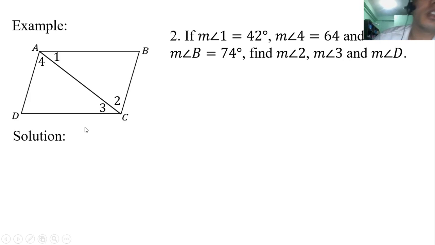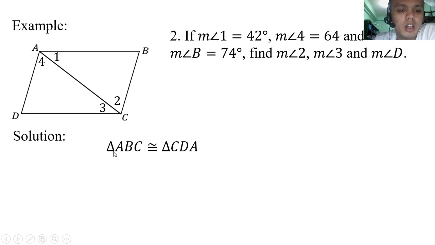Okay? Since we have a diagonal AC here and it divides the figure into two congruent triangles, which are triangle ABC congruent to triangle CDA. Now, what happens is the measure of angle 1 is congruent to the measure of angle 3.